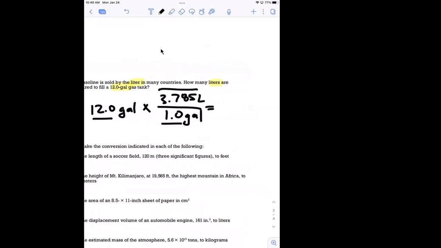We don't do any rounding until we get the answer. After multiplying, I got 12 times 3.785 is 45.42.